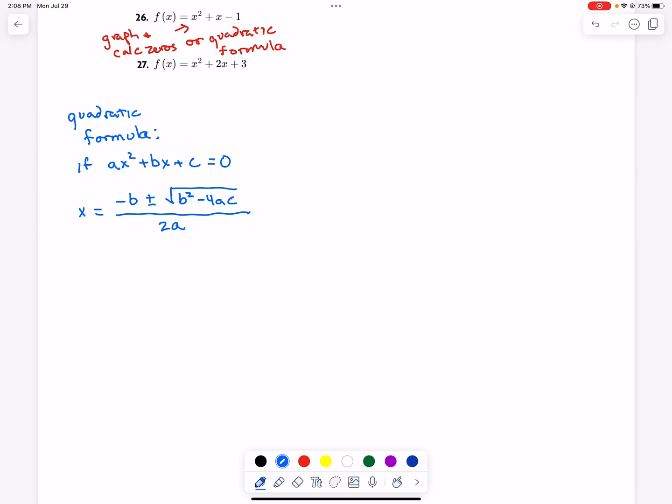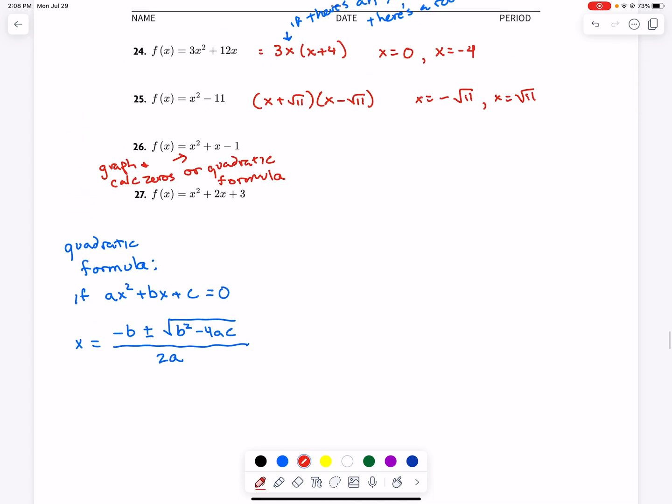Okay. So let's just do this one with the quadratic formula. Opposite of 1, so negative 1, opposite. 1 squared minus 4 times 1 times negative 1, all over 2a.